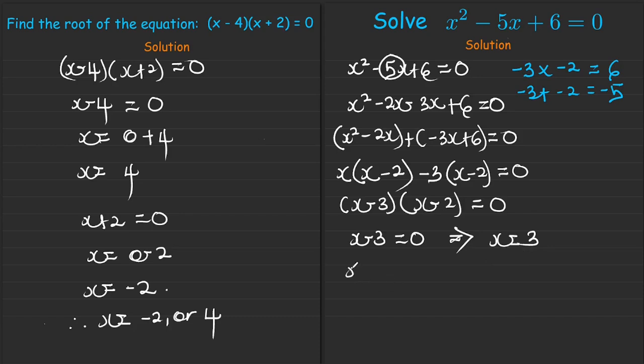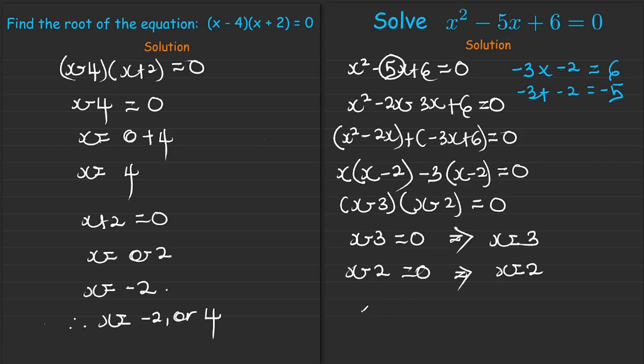For the second one, we have x minus 2 equals 0, which then implies that our x is equal to a positive 2.